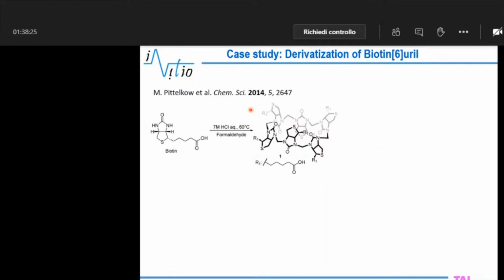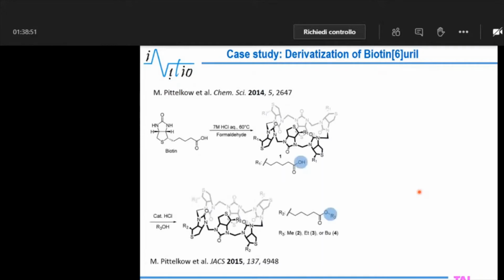And in contrast to the cucurbiturils I showed before, it's a much more user-friendly molecule because it already contains a number of functional groups which you can play with and modify, for example, the carboxylate or this sulfur here. The same group already showed that you can take advantage of this and modify the properties of your molecules.